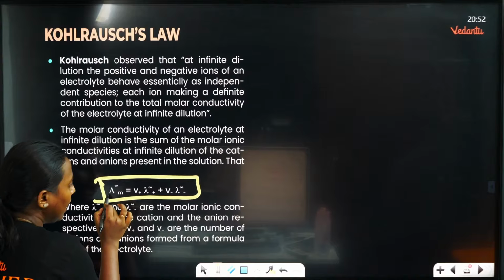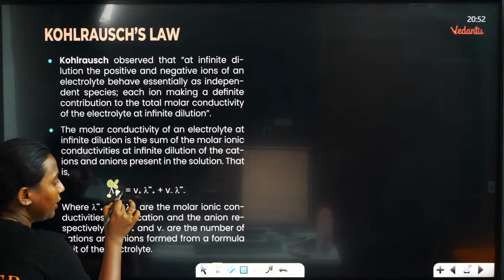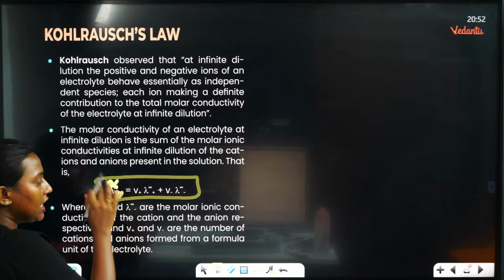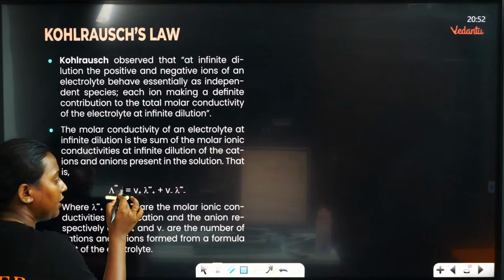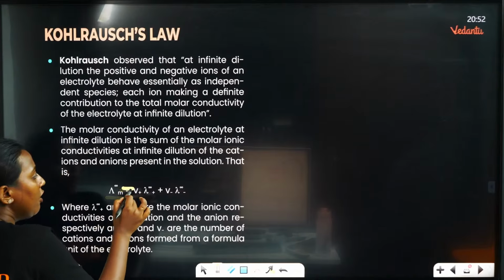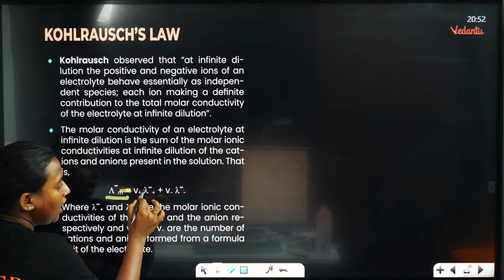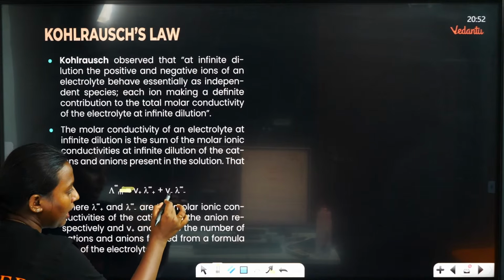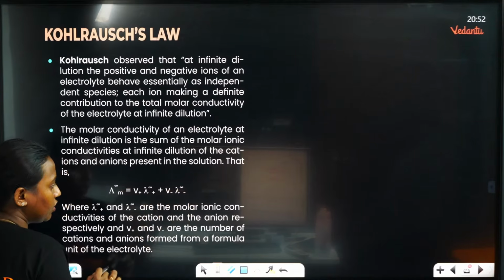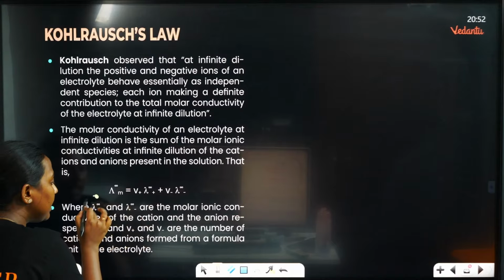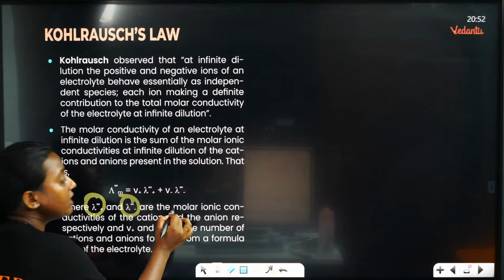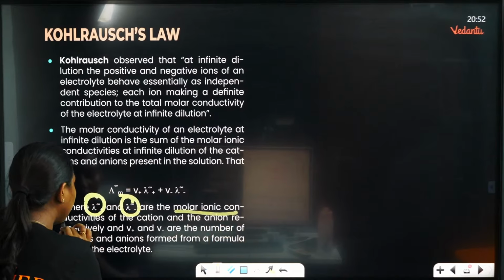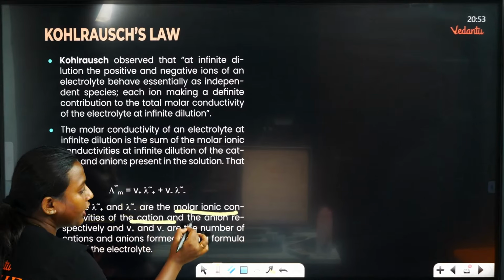Here lambda infinity M is the molar conductivity at infinite dilution. That is equal to V plus lambda infinity plus, plus V minus lambda infinity minus. Lambda infinity plus and lambda infinity minus are the molar ionic conductivities of the cation and anion.